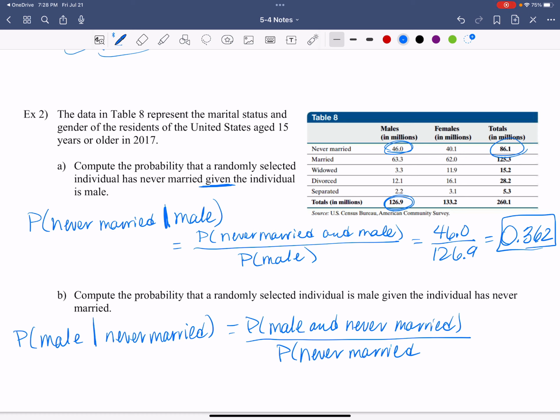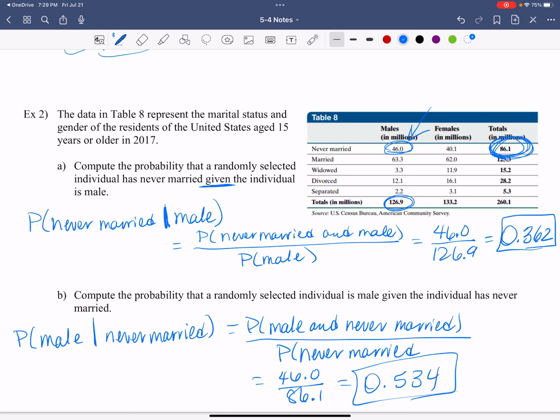So the total of never married is what goes in the denominator. The overlap is still the overlap here. So this is 46.0, which is just 46, right? Over 86.1. The key is the order. What comes after given goes in that denominator, because it's the given portion. And then what do you get? I got 0.534. Is that what you get? Nice. All right.